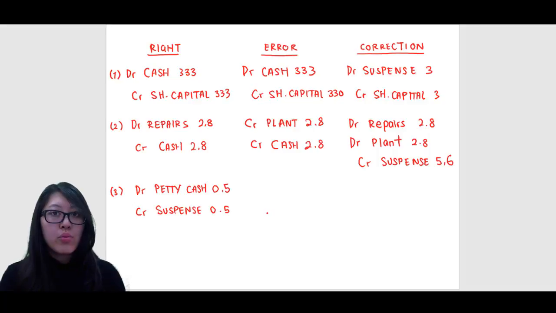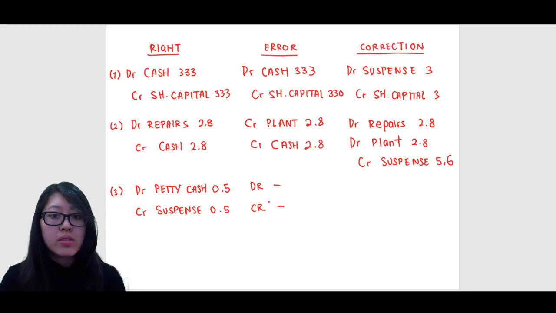So because we were just supposed to post it onto the trial balance, we would have just needed to debit the petty cash by $500, and the corresponding entry would be the suspense account, because there's nothing else that we need to credit it with. It's just posting the balance to the trial balance. But the error here was that nothing had been done. It was omitted.